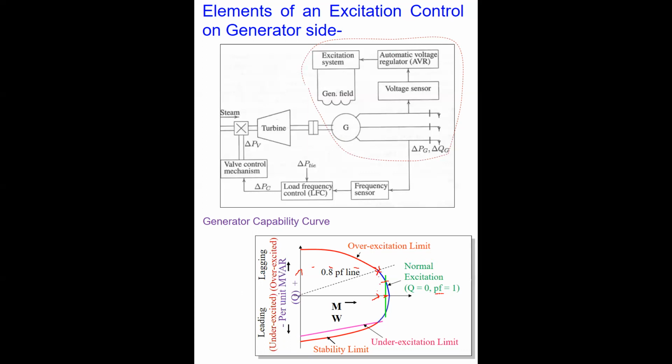So with the unity power factor, this will be the maximum active power flow from the generator, but in that situation, no reactive power flows from the generator.